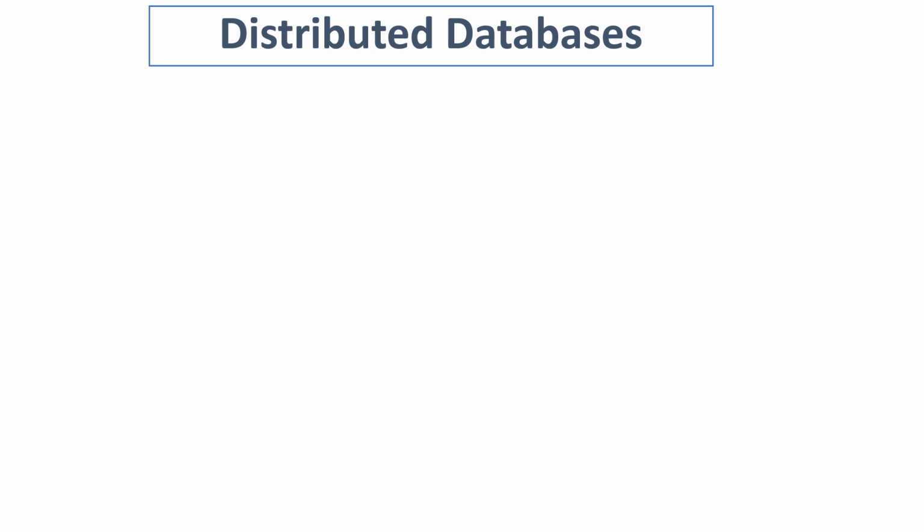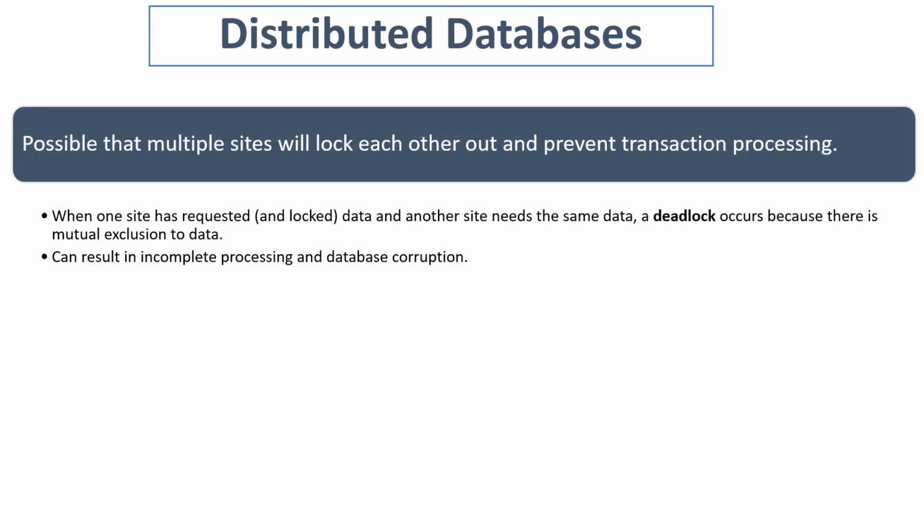Also for a distributed database, as we said, it is possible that multiple sites will lock each other out and prevent transaction processing. So when one site has requested and locked data and another site needs to access the same data, a deadlock occurs because there is mutual exclusion on the data.